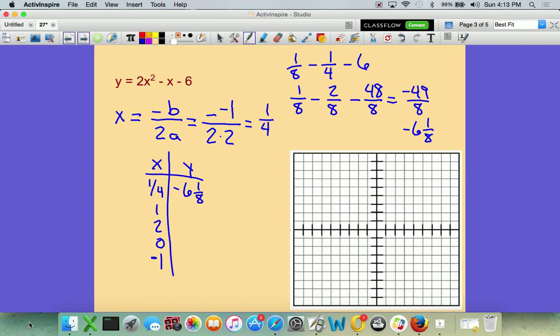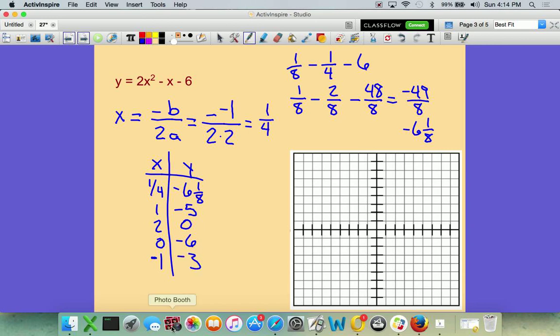Now if we plug these in, this math is much easier. 2 times 1 is 2, minus 1 is 1, 1 minus 6 is -5. 2 in there, 2 squared is 4, times 2 is 8, minus 2 is 6, minus 6 is 0. Plug a 0 in here, 0 minus 0 is -6. -1 in, -1 squared is 1, times 2 is 2, plus 1, so 3 minus 6 is -3.